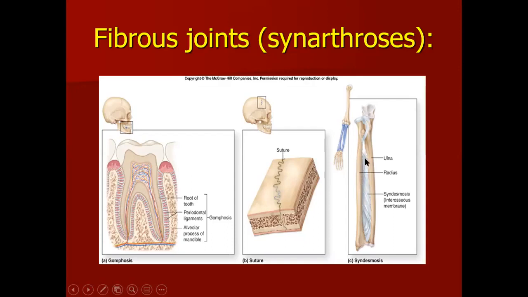The radius and ulna are always going to be this distance apart. And it's full of this fibrous interosseous membrane. And so that's a syndesmosis. So synarthrosis, which is a fibrous joint, can be broken down into 3 different words. Does that make sense to everybody?